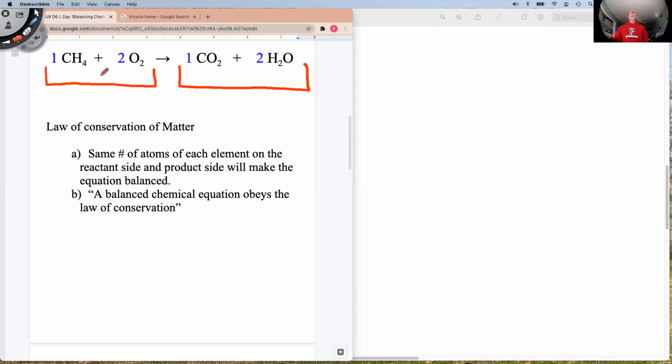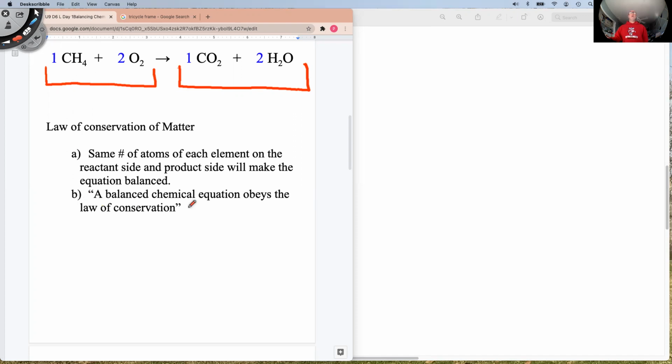So nothing is gained and nothing is lost. Whatever you start with, you have to end with. And this works with individual numbers of atoms as well as with mass. If you start with 50 grams of stuff, you will end up with 50 grams of stuff.